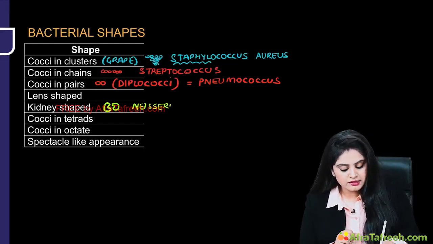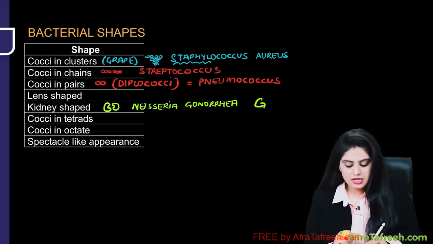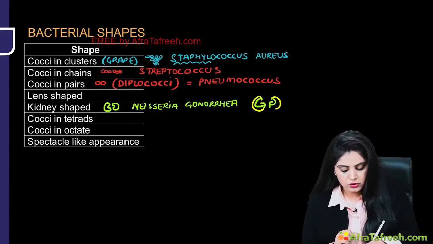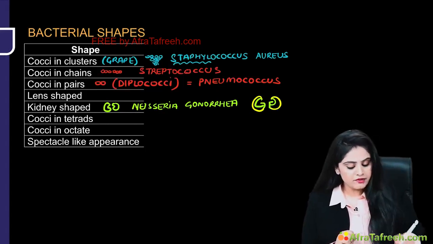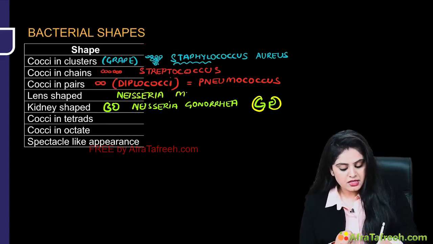So how do I learn this? I'll tell you. Neisseria gonorrhoeae starts with a G, right? So we have lots of Neisseria. For the G, you're going to write a straight G and an inverted G. That will straight away remind you that this is going to look like a kidney. Whereas if I write Neisseria meningitidis, I will write the M over here.